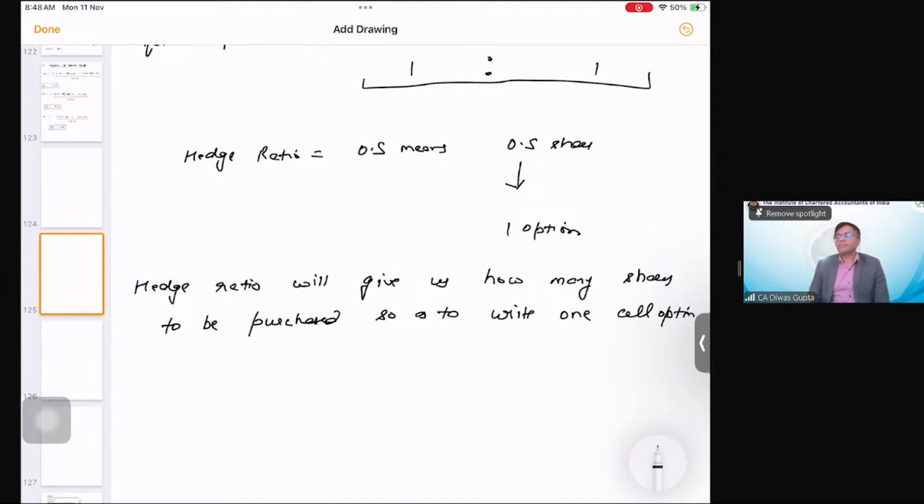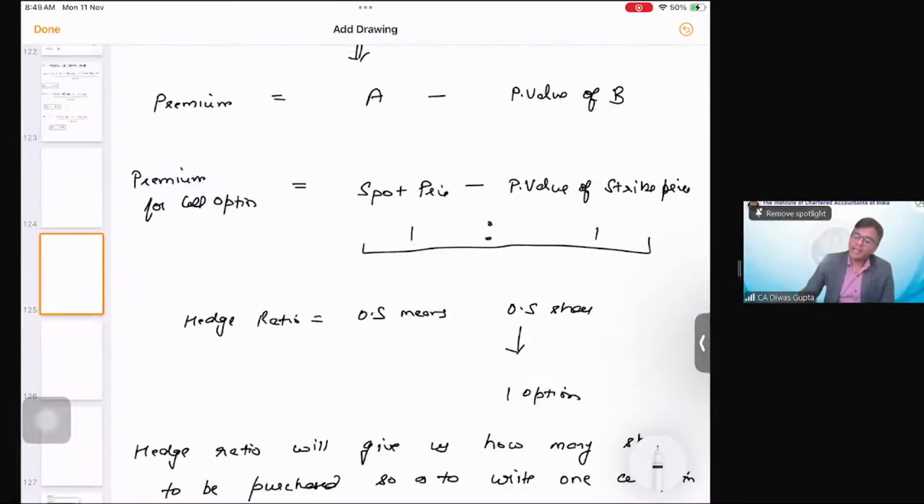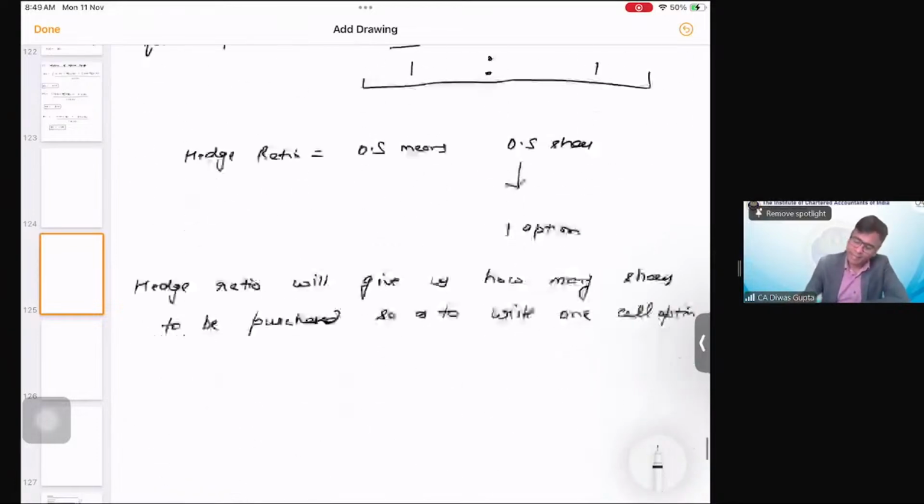Clear? So for writing one call option, I have to purchase how many shares. Ultimately, that number of shares will get multiplied with the spot price.